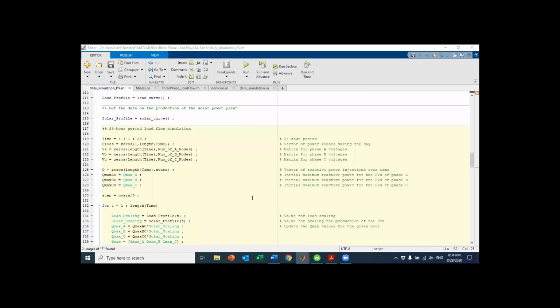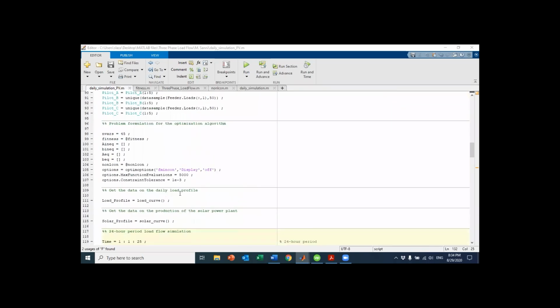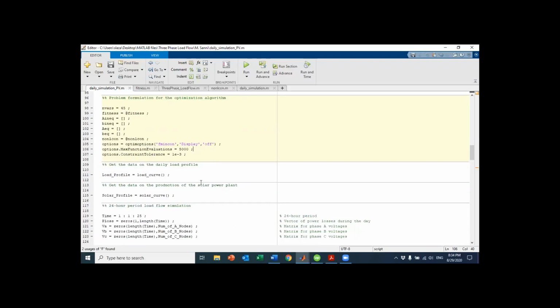So, for example, by lowering the number of maximum function evaluations, or by reducing the tolerance to constraints, or for that matter, reducing the number of variables, you can hasten the process of determining the optimal configuration of reactive power input into the network.